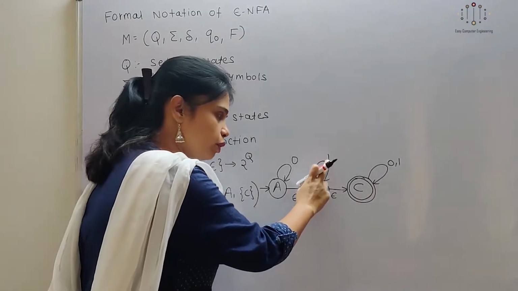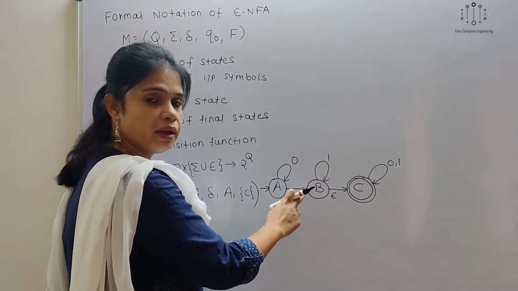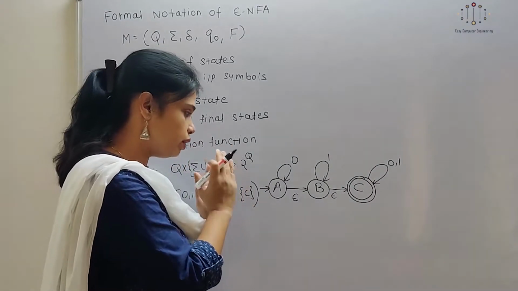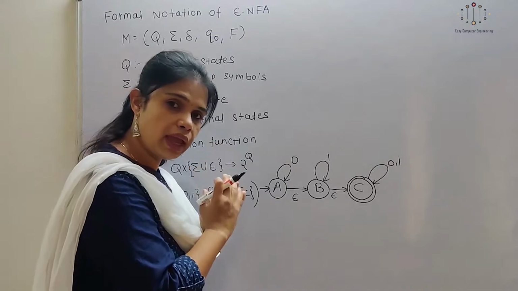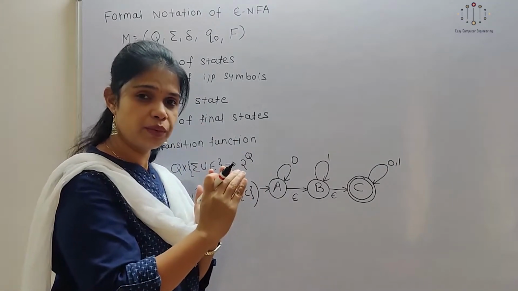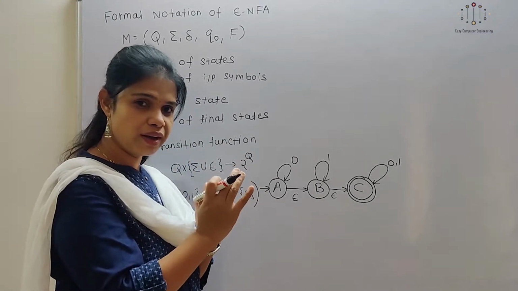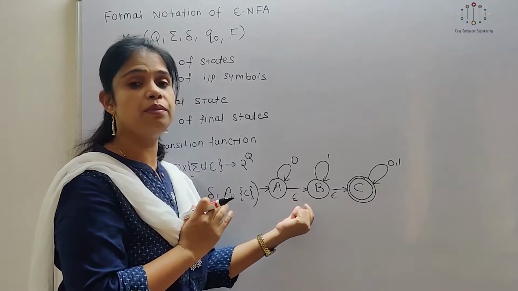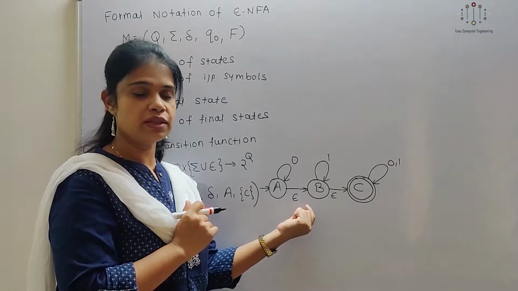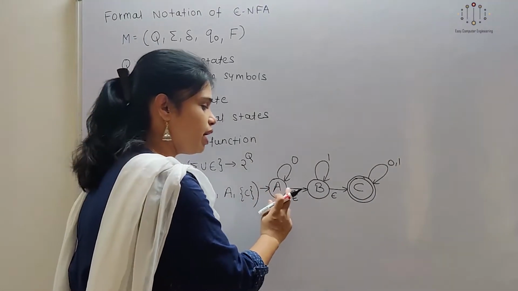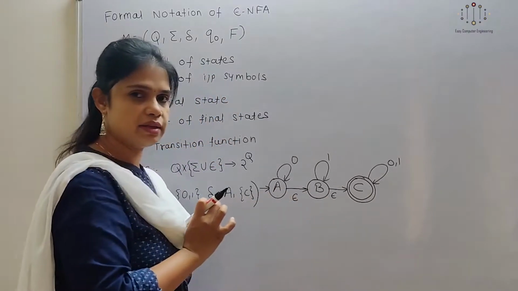From B on input 1 we reach B. But suppose I want to do the transition from A to B without any input, without 0 or 1, we can reach with the help of this epsilon. This is called a null string or null input, and we reach from one state to another state.